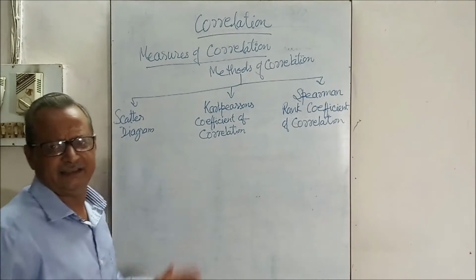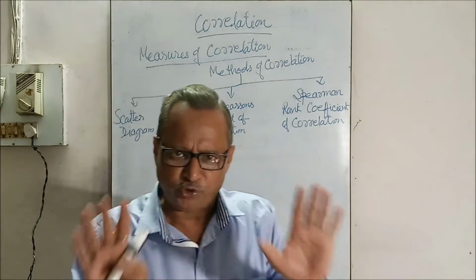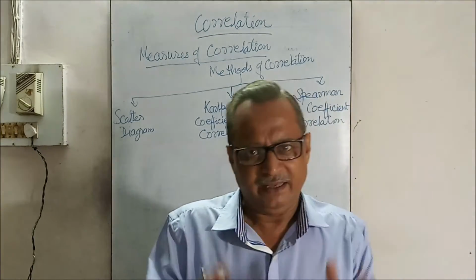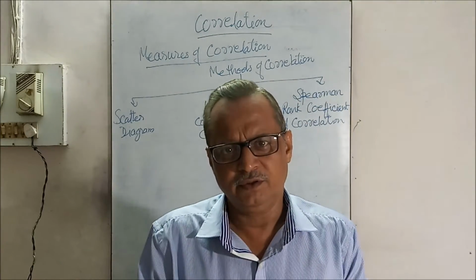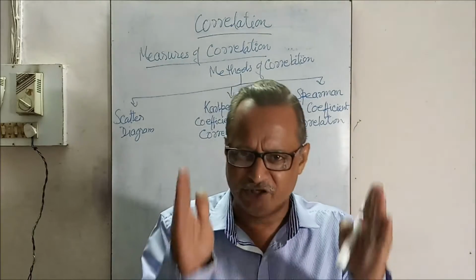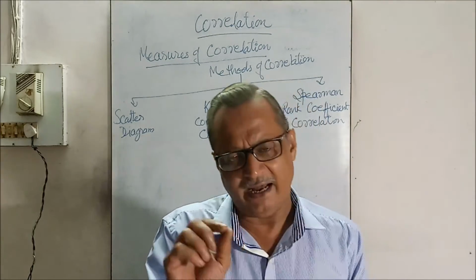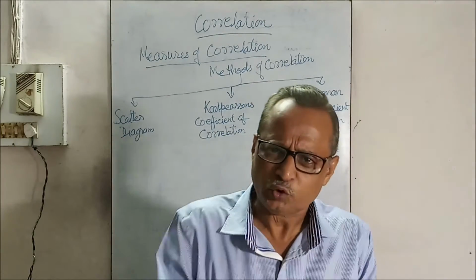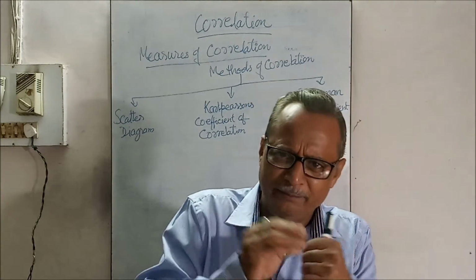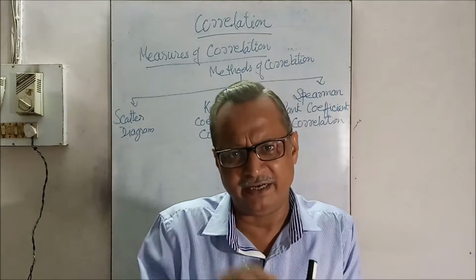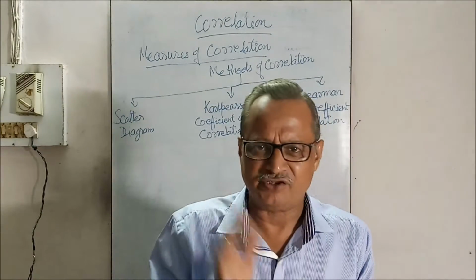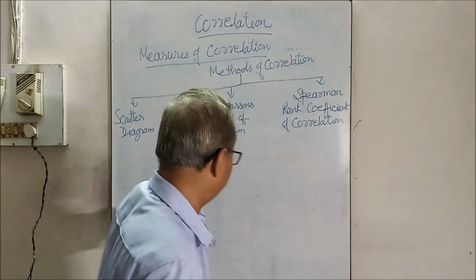If the proportionate change is not there, the degree of correlation is very low, and in that case the dots are scattered. Scatter means the values are presented as points, not in lines. So we will study it later.